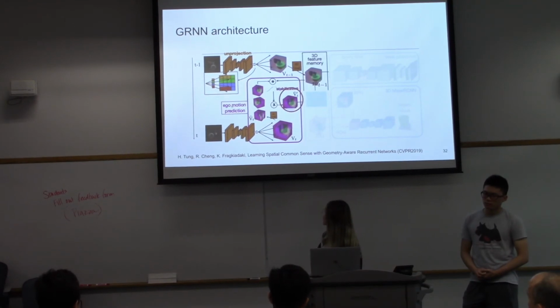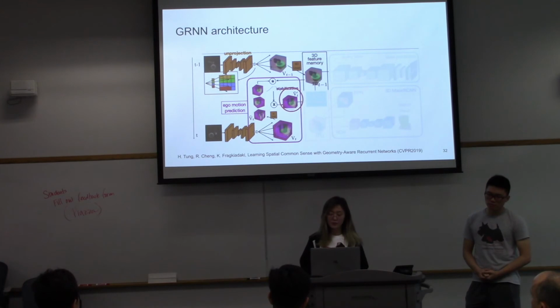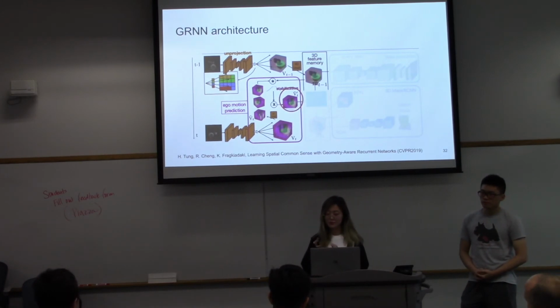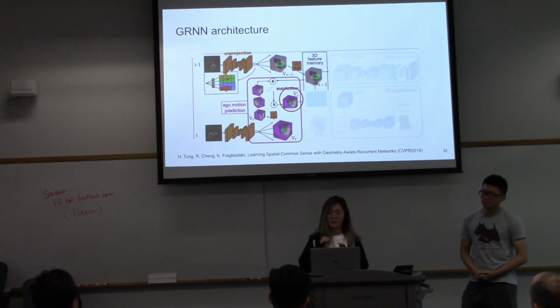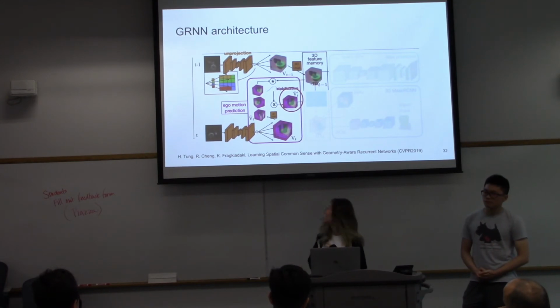Then using the egomotion prediction module, it will be oriented to VT bar prime. That is to send the coordinate system to the coordinate system of the reference view, and it cancels the relative camera motion between the current view and the reference view. So all the VT primes are in the same coordinate system.